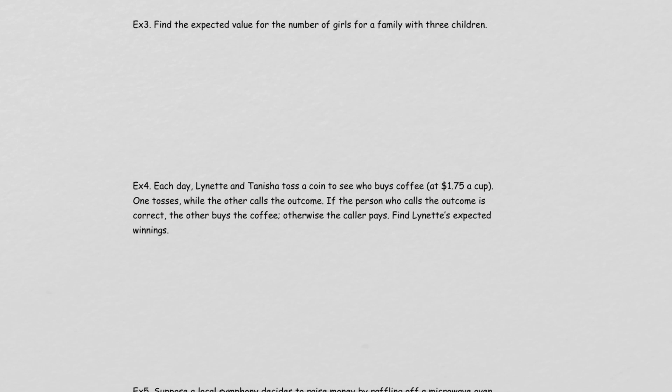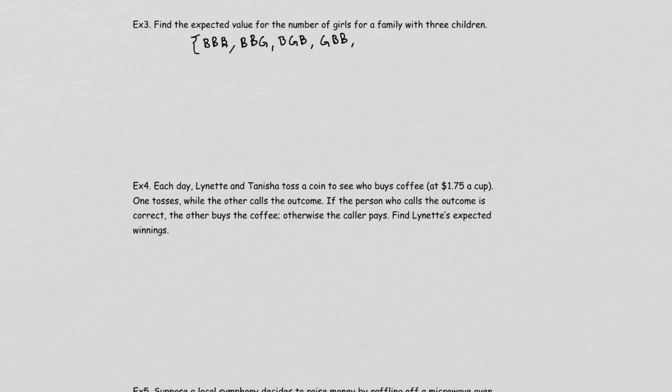Example 3, again, we're looking for expected value, but this time the number of girls for a family with 3 children. So let me write the sample space. 3 children could have boy, boy, boy. And you can have boy, boy, girl. Same thing, 2 boys, but then the girl can be in the middle, or the girl can be in front.